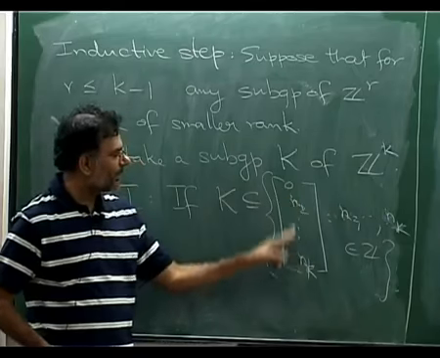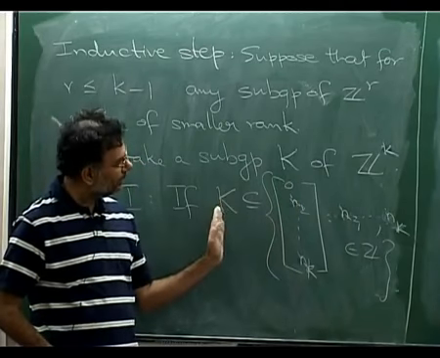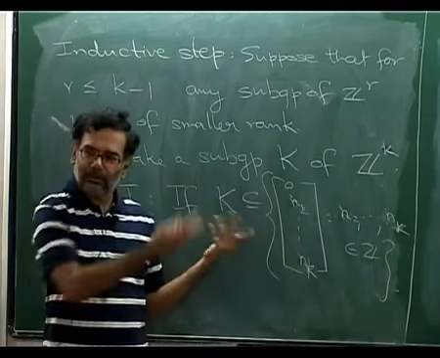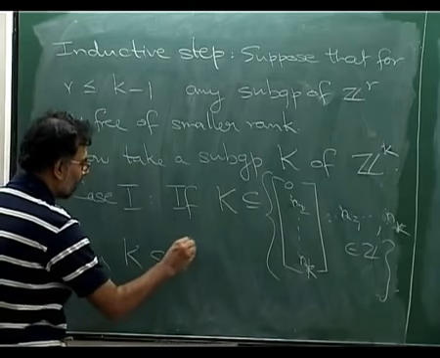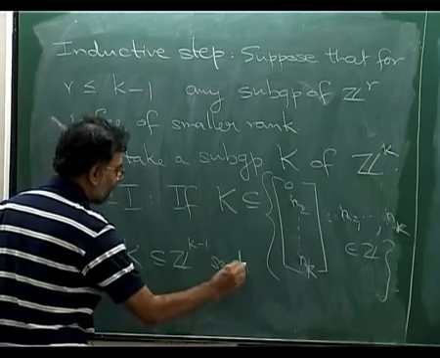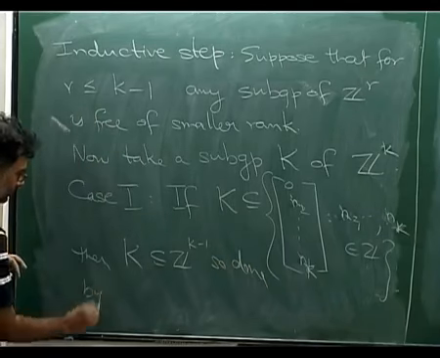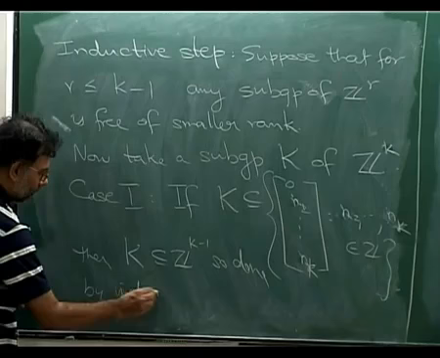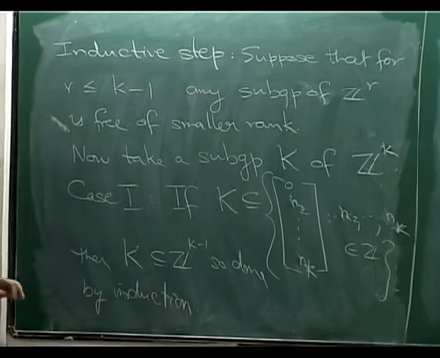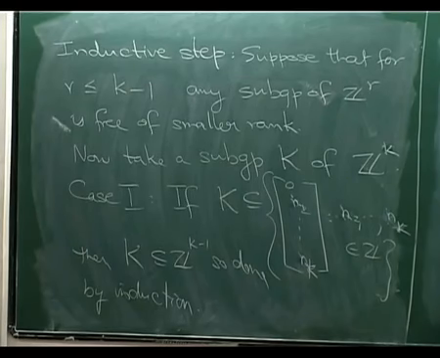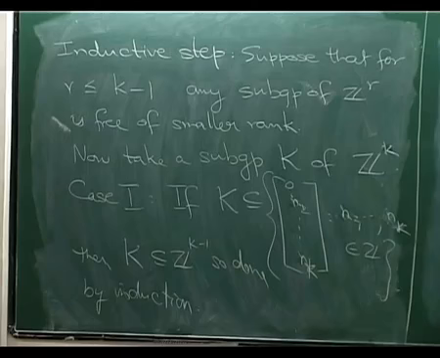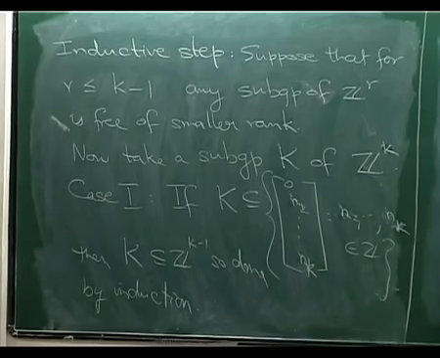This is isomorphic to Z^(K-1). So if K is a subgroup of Z^(K-1), then we are done, so done by induction. That's case 1. That means if K has all elements whose first component is 0 only, then we are already done by induction. So assume that's not the case, case 2.